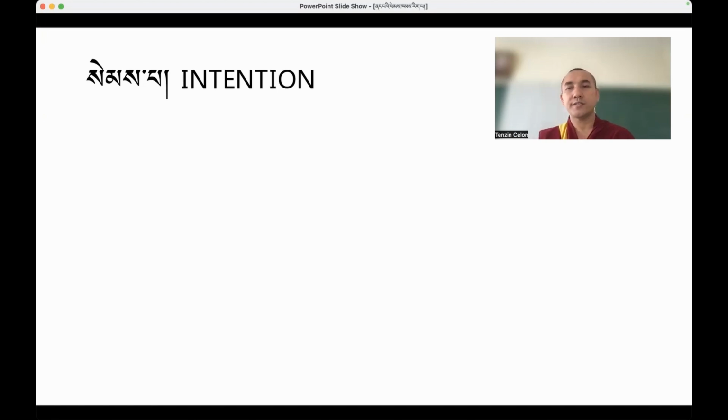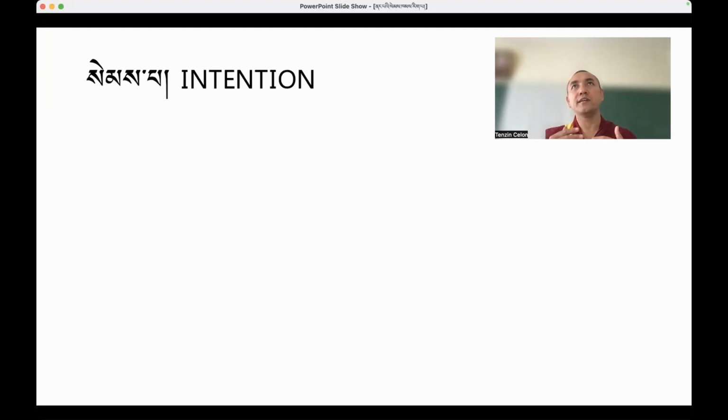So what is intention? Intention is a mental factor that activates our mind to move towards the objects. In the scripture, the analogy of a magnet is given: a magnet moves the iron.